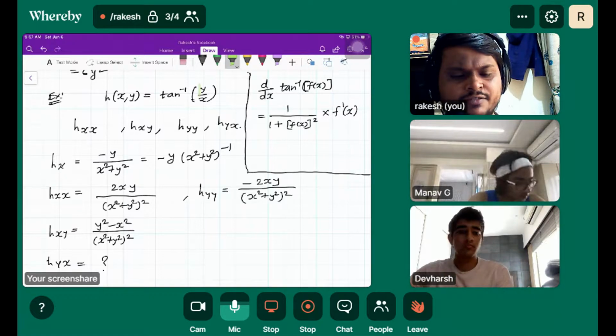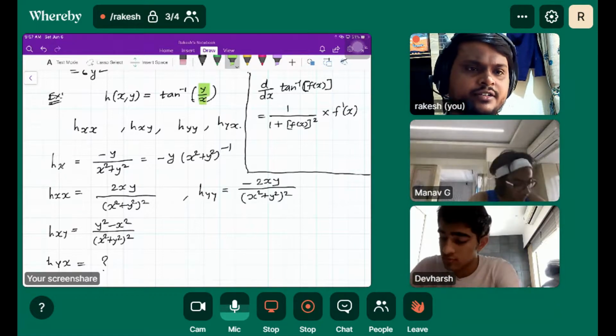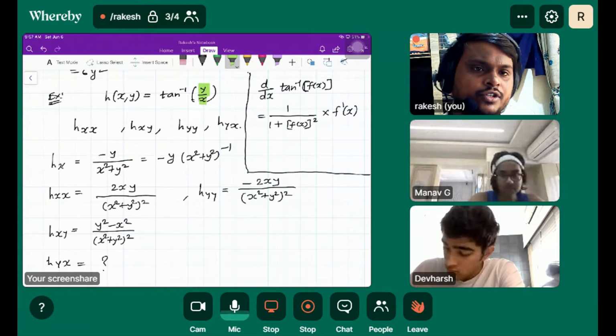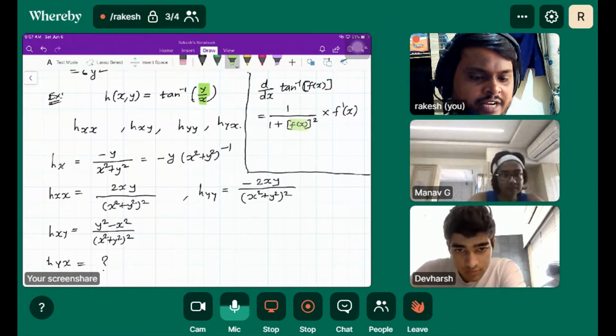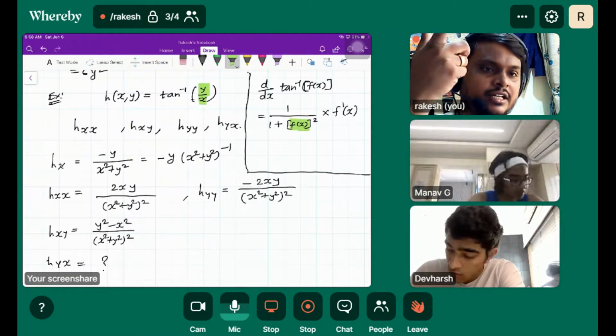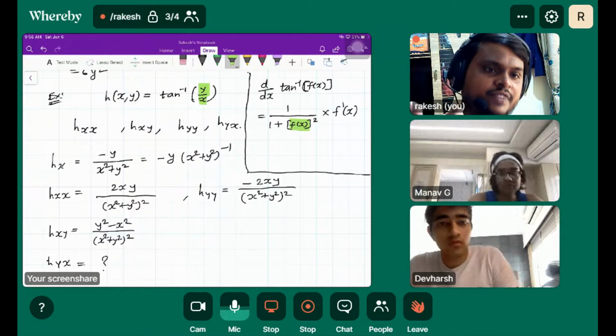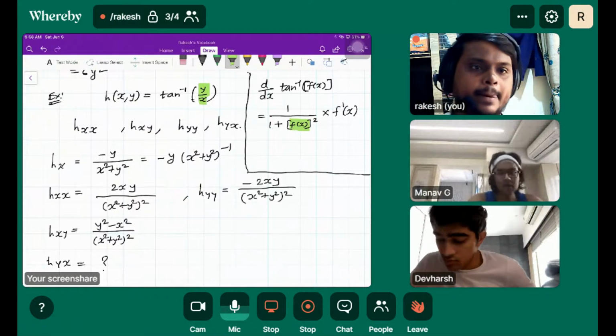You have to just understand what function is given there. I have written f of x the whole square.